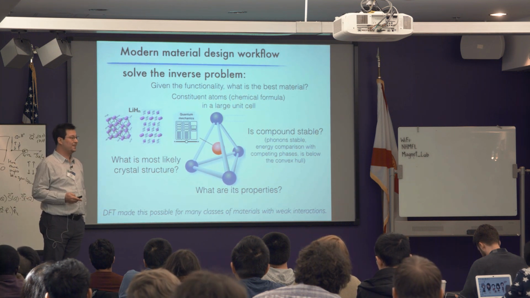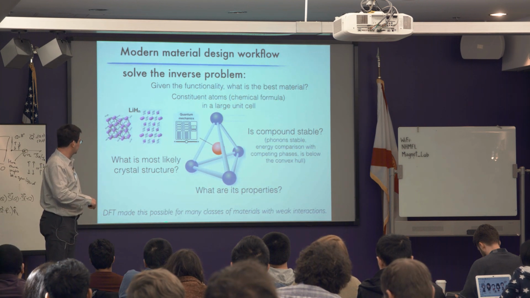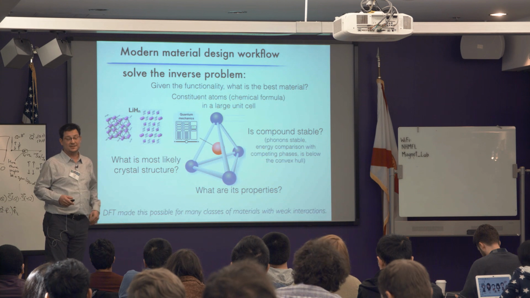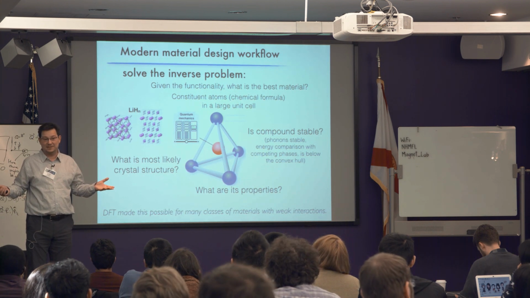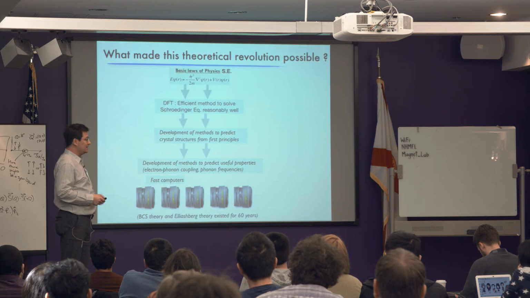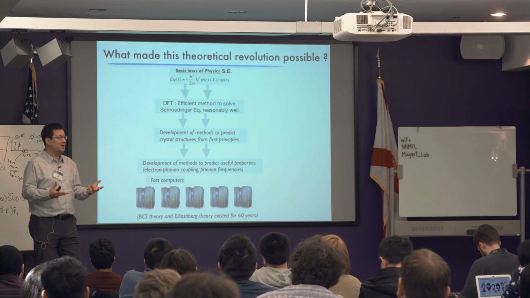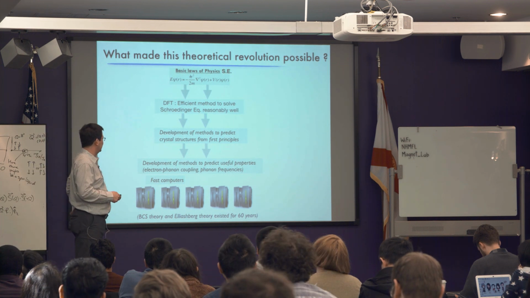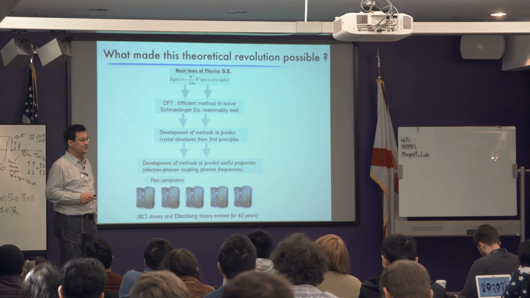So that's an important game in town that a lot has recently been done with density functional theory. And as you know, density functional theory works really well in many weakly correlated systems. So therefore, there was actually a huge success recently. And what made this huge success? What's the reason that this success appeared, for example, this decade, for the materials genome, for example?